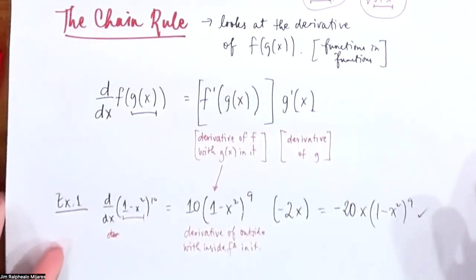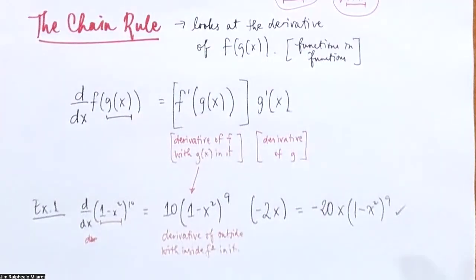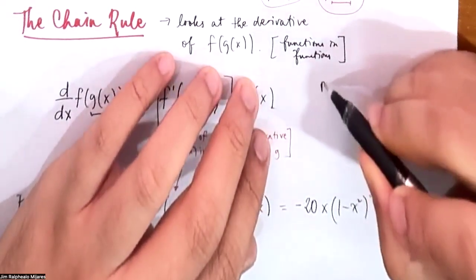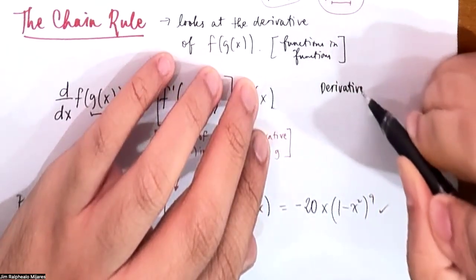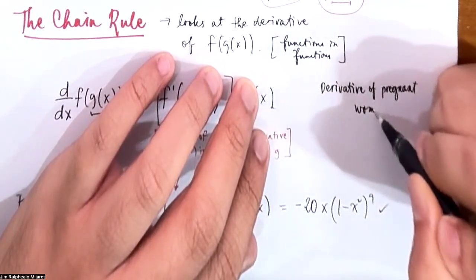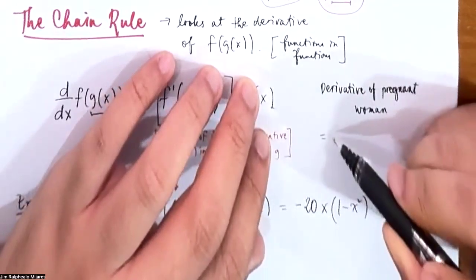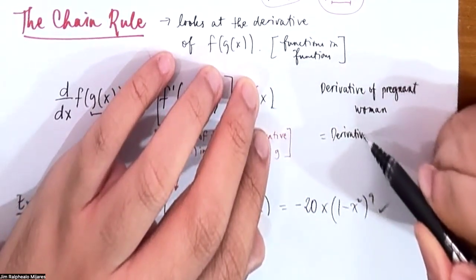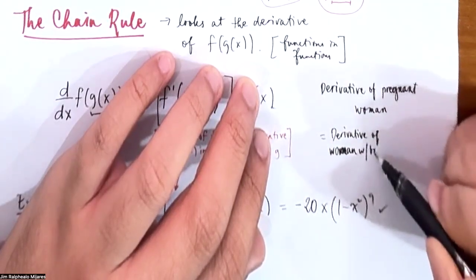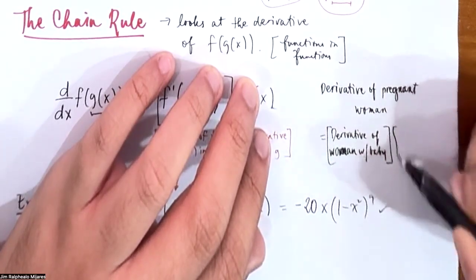Now, there's no mnemonic, but the idea is if you want to find the derivative of a pregnant woman, you need to find the derivative of the woman first with the baby times the derivative of the baby. Okay, so derivative of pregnant woman equals derivative of the woman with baby times the derivative of baby.